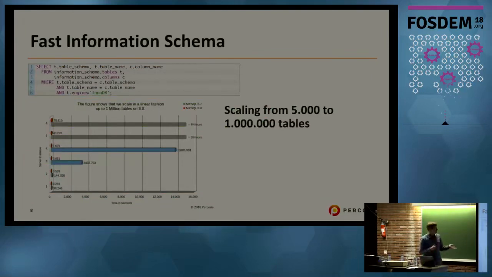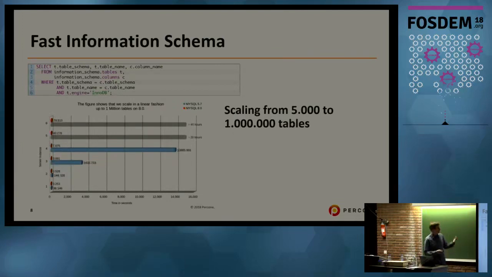Information schema is a great example here, and we can see this query with a join on information schema, which used to be pretty much unusable, right? Even with a relatively modest amount of tables, it could take many minutes, and if you went to a million tables in this case, it would not complete even in 40 hours, right?